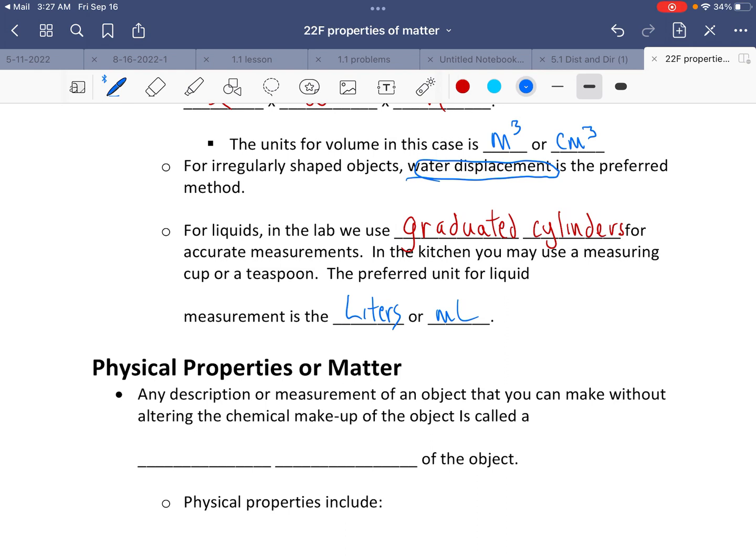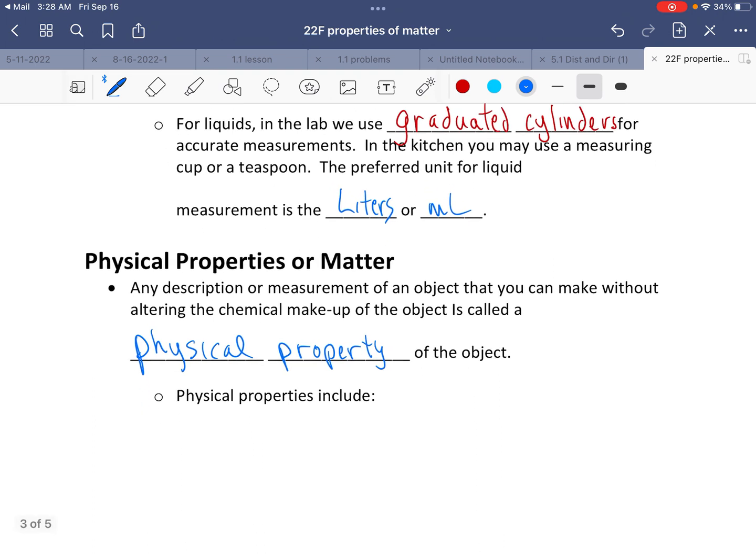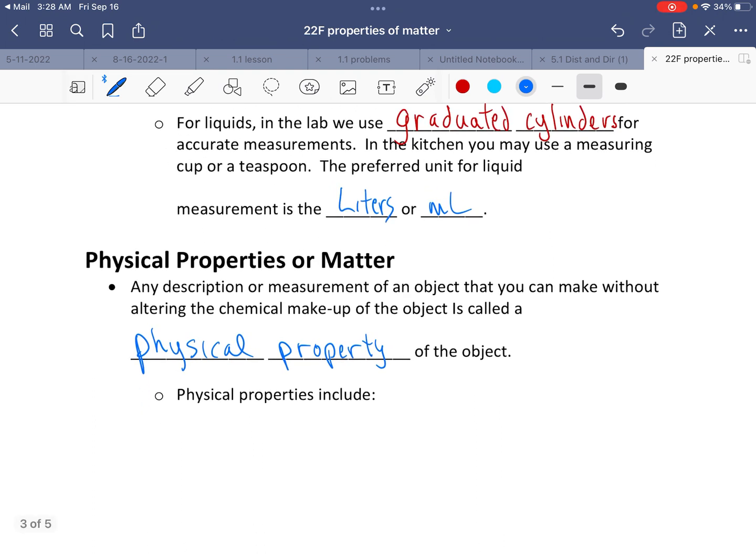So any description or measurement of an object that you can make without altering the makeup of the object is called a physical property of the object. Physical properties include things like: is it a solid, liquid, or gas?